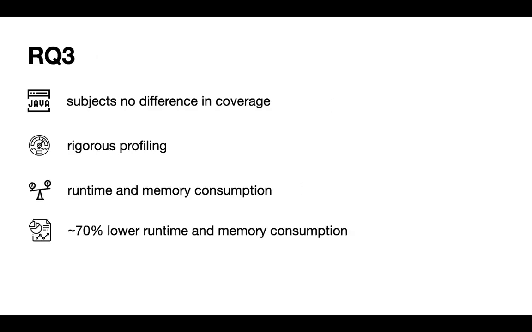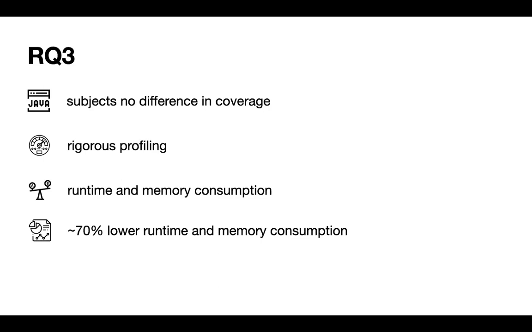To evaluate the last research question, we took the subjects achieving the same code coverage from both approaches. Then we took the generated test suites, and we ran this time a rigorous performance measurement process, the one that was not possible to do in the genetic algorithm loop. So we profiled these suites.